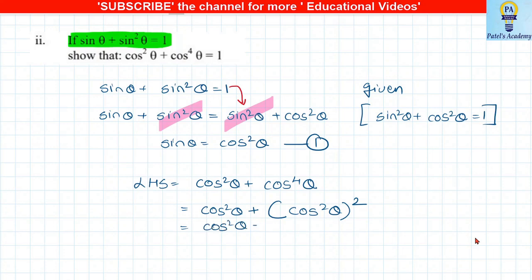Now see statement 1. We proved that cos square theta is nothing but sine theta. So here instead of cos square theta, I'm writing sine theta, and there is a bracket square, so it will become sine square theta. And we know that sine square theta plus cos square theta is 1, and that is nothing but RHS. Okay, students, with this we finish the last sum also.